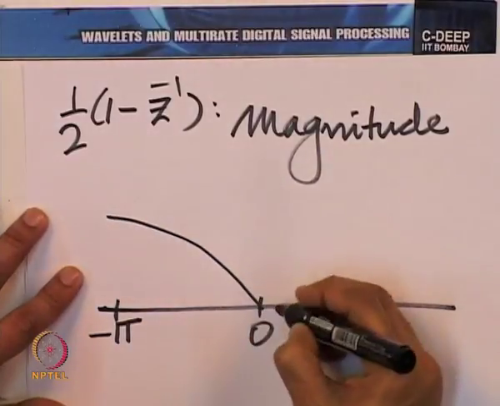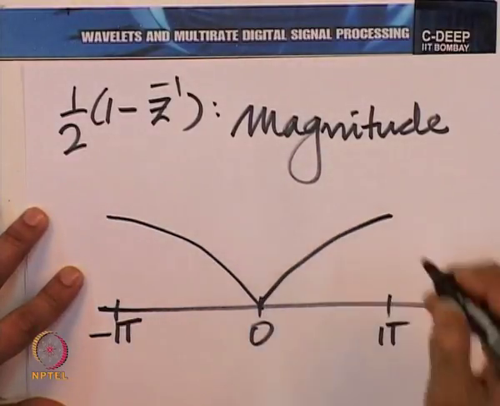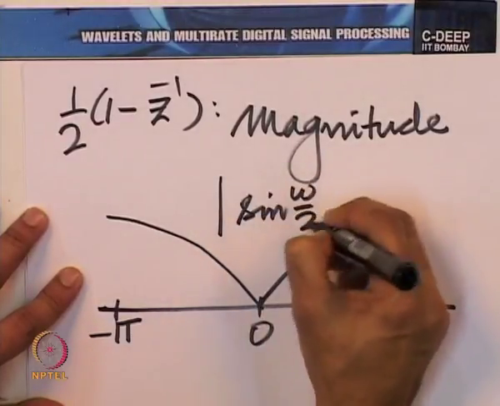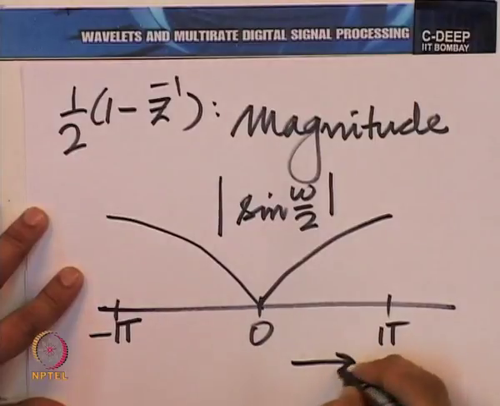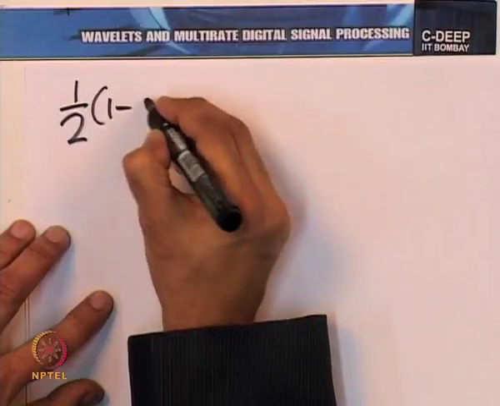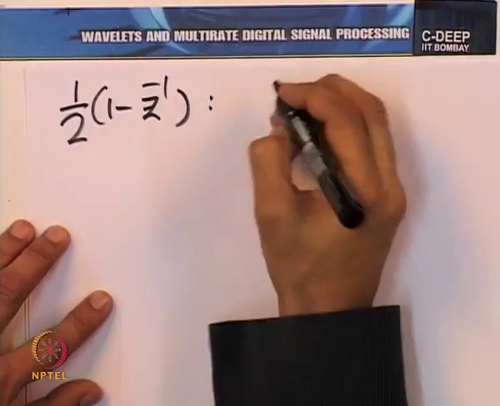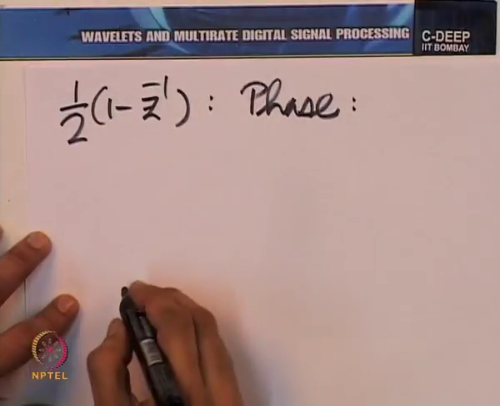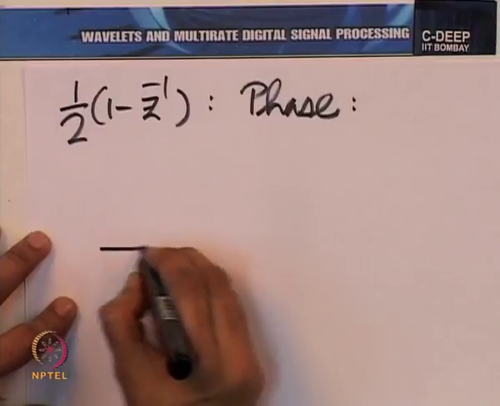Essentially mod sine omega by 2. And the phase response looks like this.